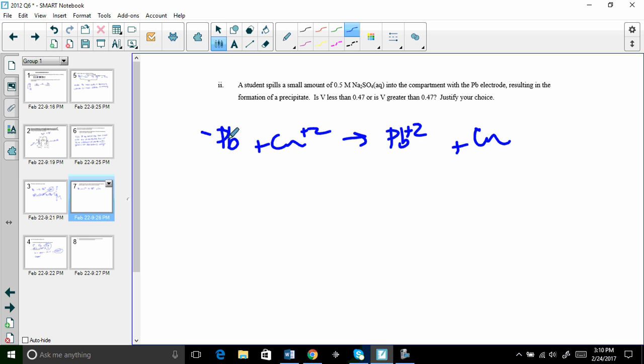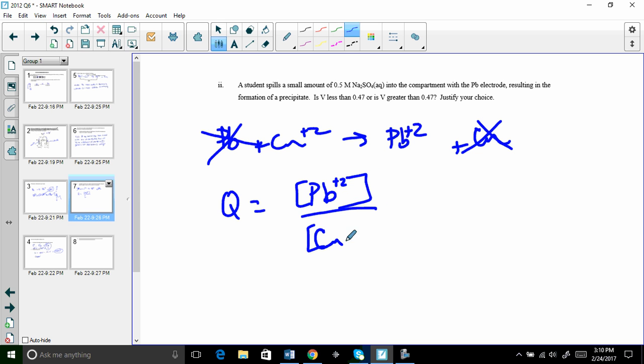Before I do anything, we're going to cross these out, and you need to understand that Q in the Nernst equation is this over this. Now, in the beginning, Q is equal to 1 because these are each 1 molar. But in the lead compartment, they put some Na2SO4, which causes a reaction with the lead.